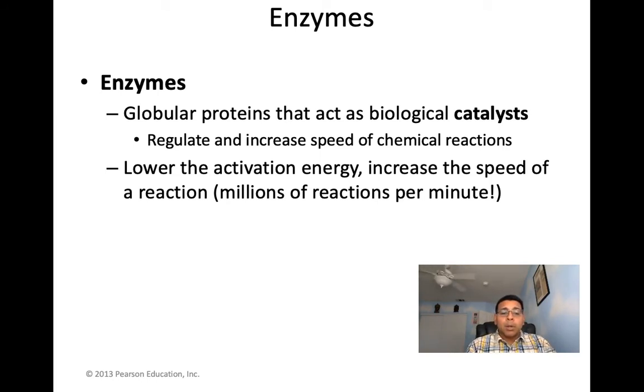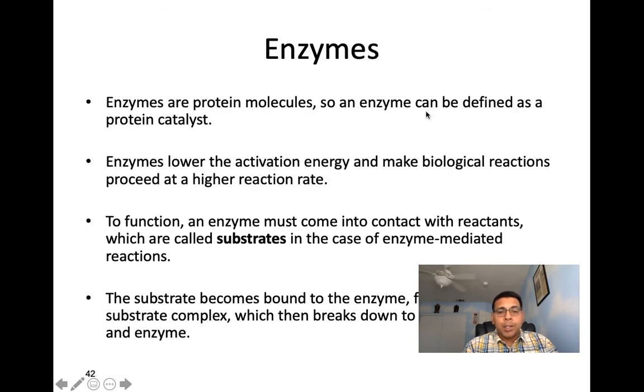Enzymes, I'd like you to know, are going to end in the suffix ase. So one easy way to recognize, not every single one of them, but most of them, is you'll see they end in that ase. So here we can go through and we can talk more about enzymes. Enzymes are globular proteins that are going to act, we said, as biological catalysts. And here you can go through, and we'll go through all of these factors here as well.